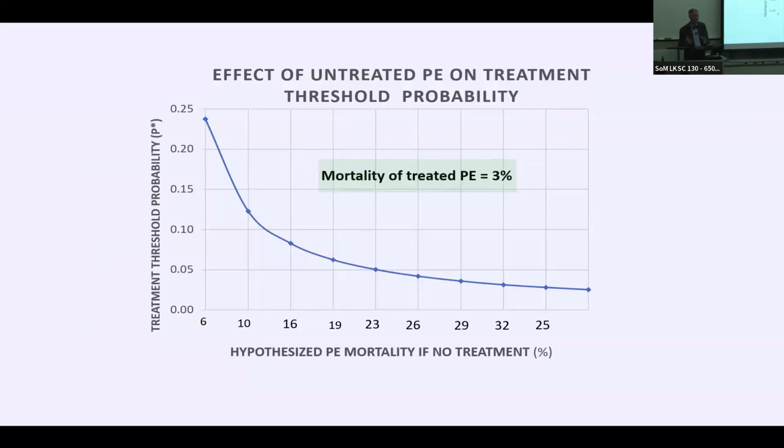What this is really telling us is there's no single treatment threshold probability, at least for PE. It really depends, among other things, but most importantly, upon the hypothesized mortality for death without any treatment for PE. So that's kind of the soft point in this, but it also gives us an opportunity to have a good conversation about how to deal with that.